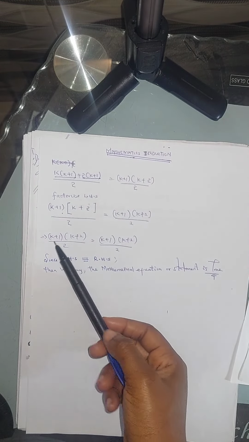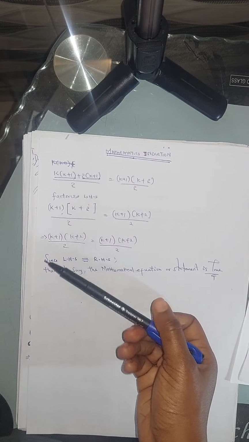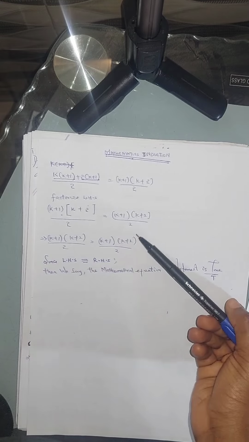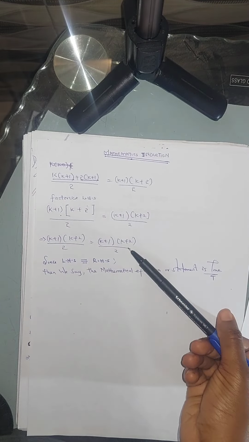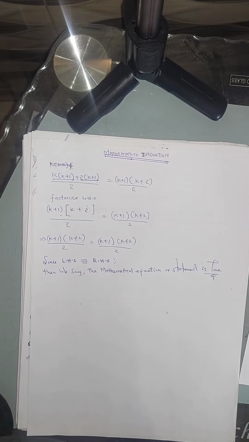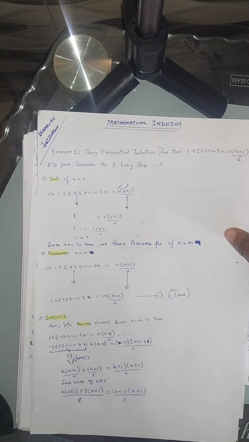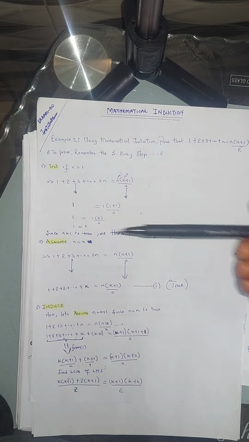Now if you look at the left hand side, I just had to rewrite it. So you have k plus 1 into bracket k plus 2 over 2 equals k plus 1 into bracket k plus 2 over 2. Now since your left hand side is equal to right hand side, do you know what we did? Let me show you again. All we just did was to prove from our left hand side that we want to show that our left hand side equals to right hand side.